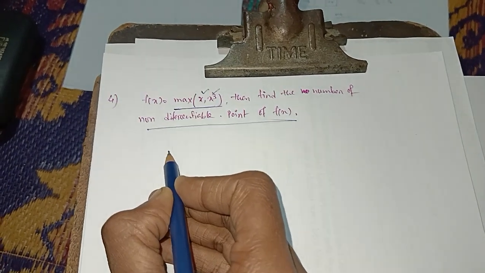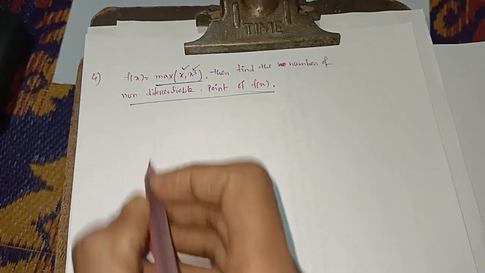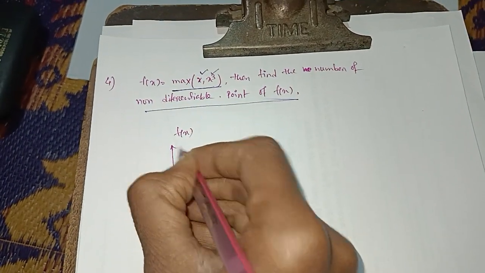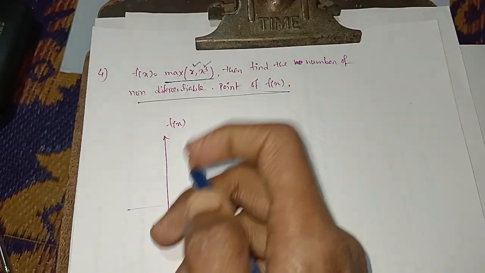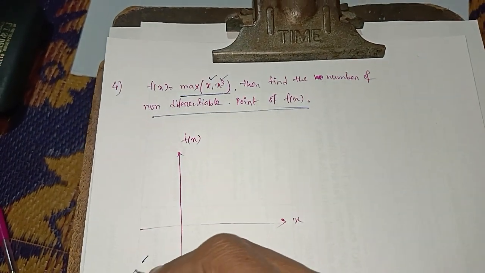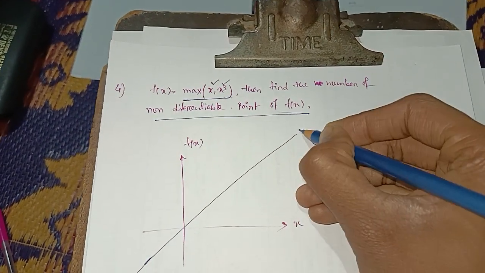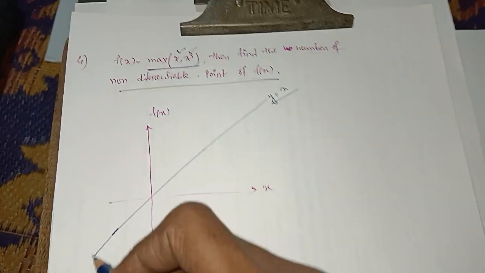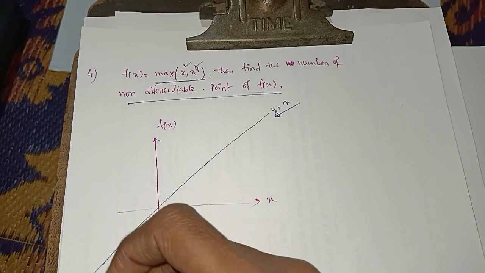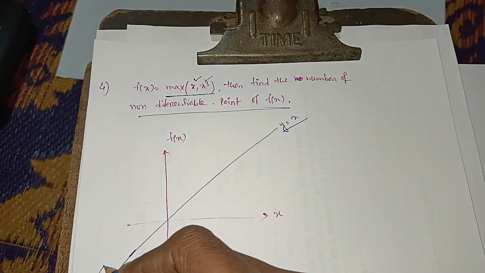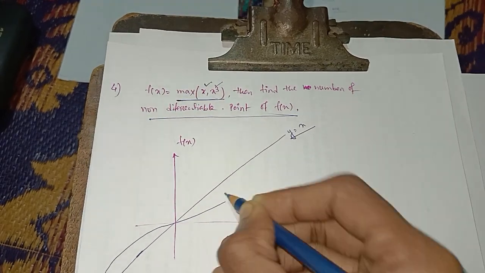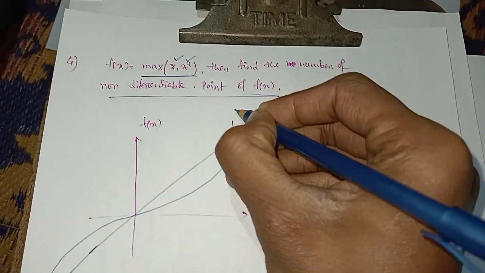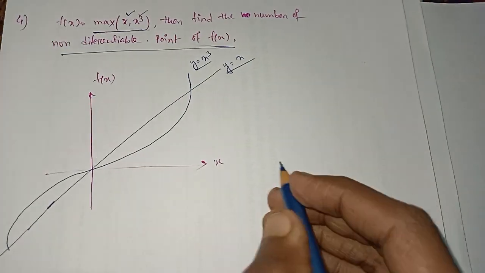We can easily figure it out by the graph. If we draw the graph, this is x and this is f of x. Y is equal to x is a straight line, and y is equal to x cube is this type of graph.